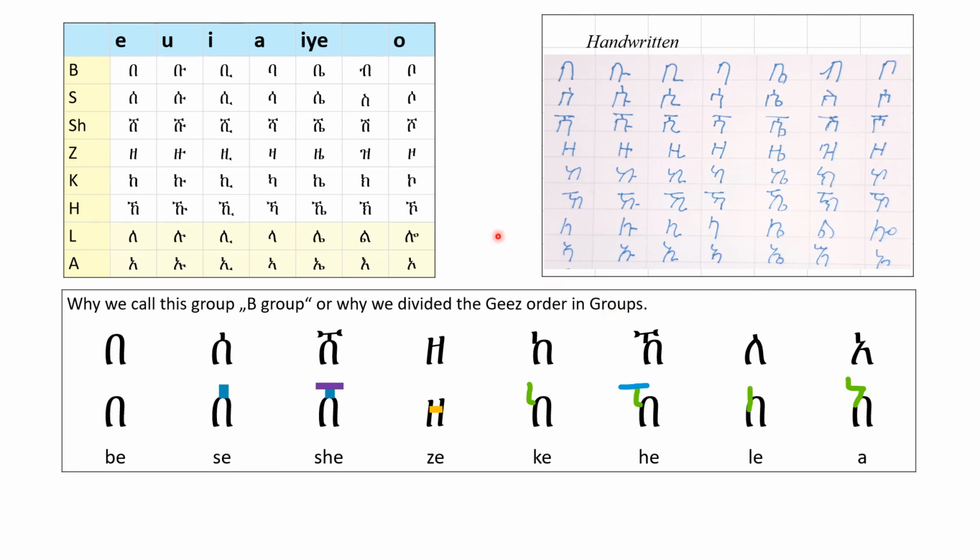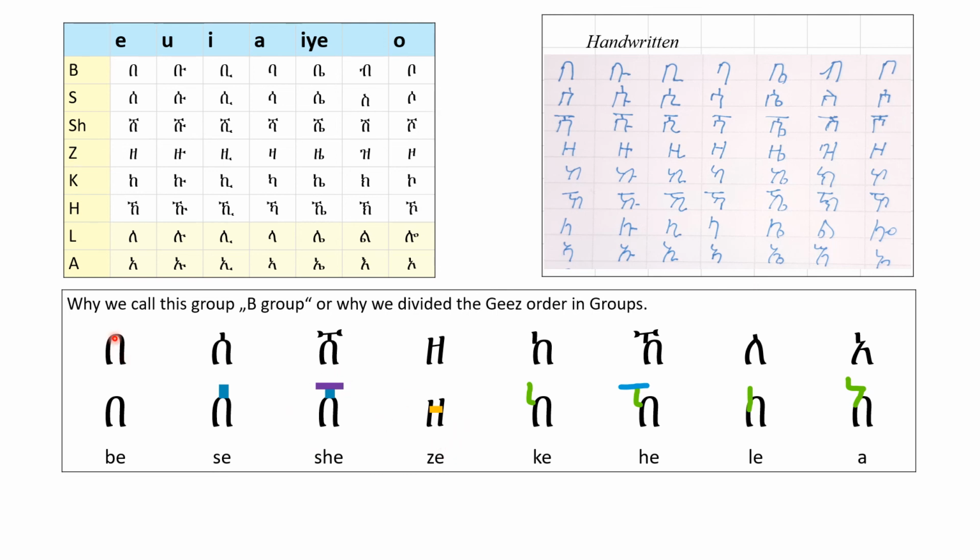Let us see why we call this group the be group. Be, se, she, ze, ke, he, le, a. Be. If we put a vertical line over be, it will be se. If we put a horizontal line over se, it will be she.